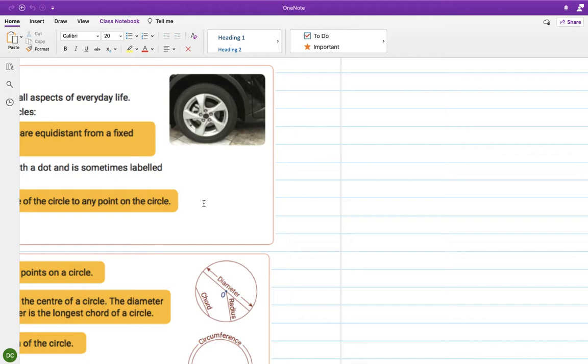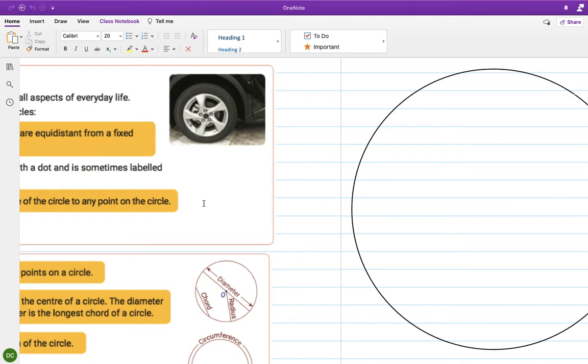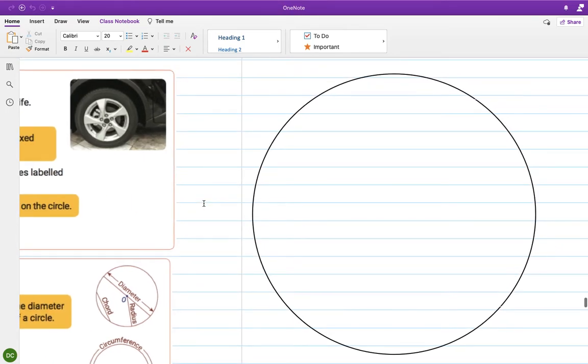Right, so here's the circle. That's the center.